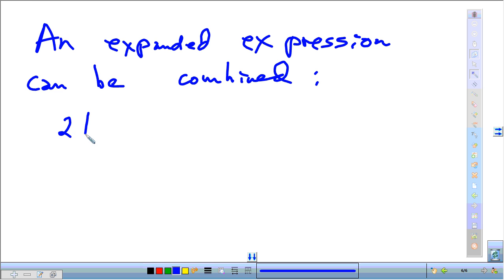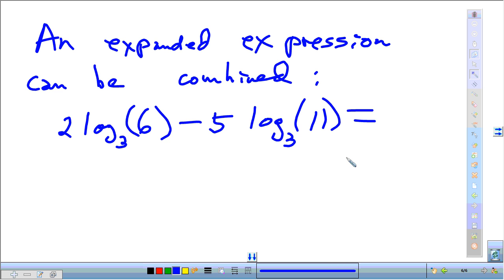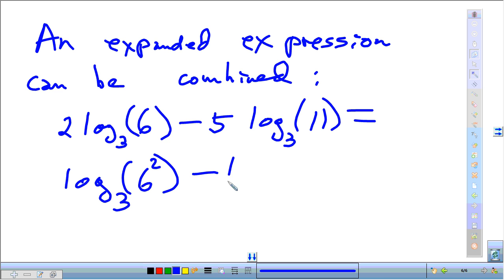So something such as 2 log base 3 of 6 minus 5 log base 3 of 11. So this is expanded out into as many terms log base 3 as possible. We're going to combine them into a single logarithm term. And so I can use the one rule that this multiplier 2 becomes an exponent 2, and the 5 becomes an exponent 5.